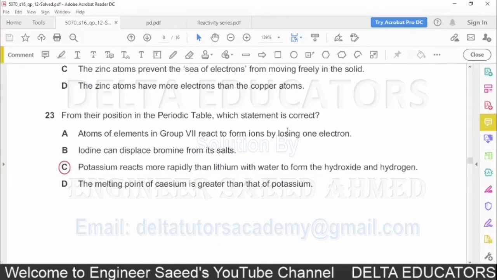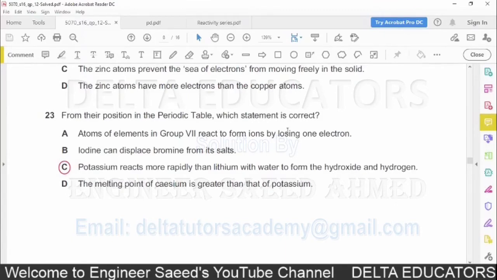Question number 23. From their positions in the periodic table, which statement is correct? Option A, atoms of elements in group 7 react to form ions by losing one electron. Group 7 members do not lose electron, they gain one electron. So this option is incorrect. Option B, iodine can displace bromine from its salt.